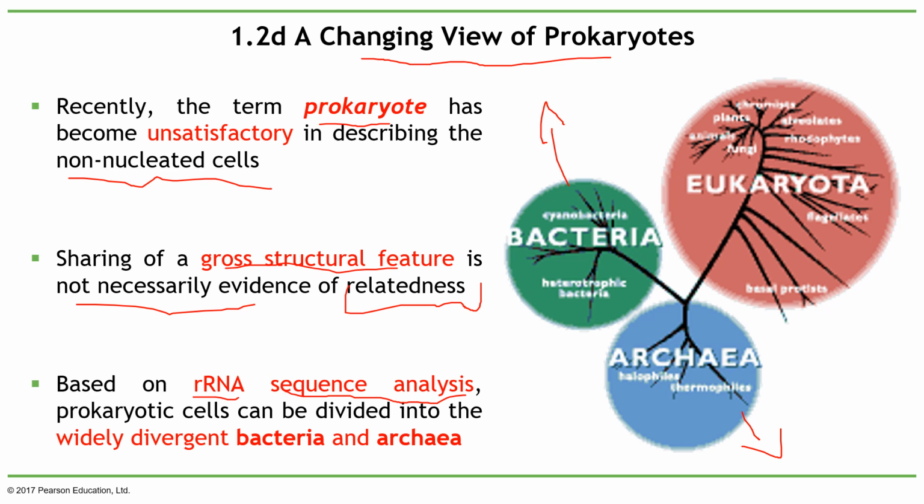And they found that prokaryotic cells can be divided into groups that are very different: one that is bacteria, and another one that is archaea. So again, the changing view of prokaryotes is that the term prokaryote doesn't mean that those two domains are closely related.